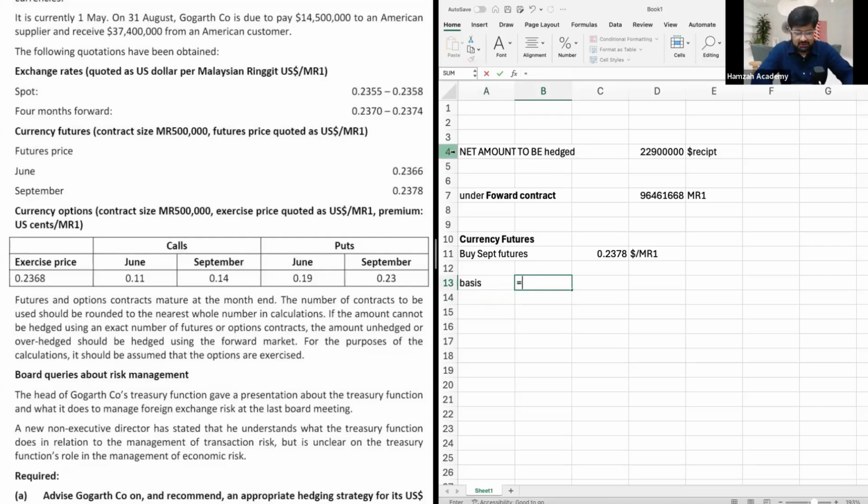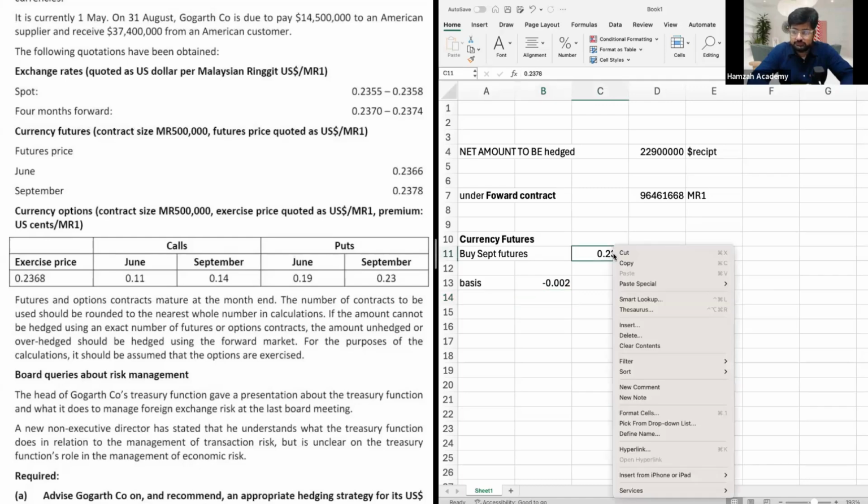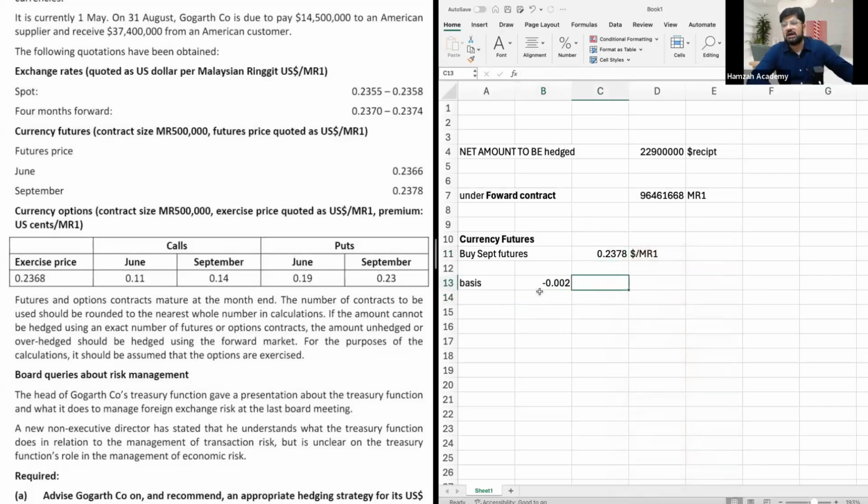We will be dividing. 0.2358 minus the opening future. Current spot minus opening future. Next, this is the basis. What is the unexpired basis?